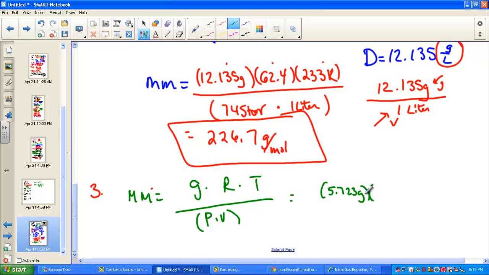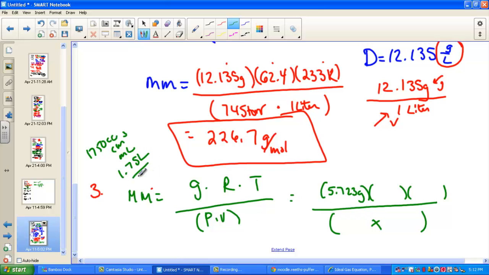There's the G. The R constant, the T in Kelvin over the product of P and V. Volume is 1750 cubic centimeters, which is the same as a milliliter, so I need to put that in as 1.75 liters.